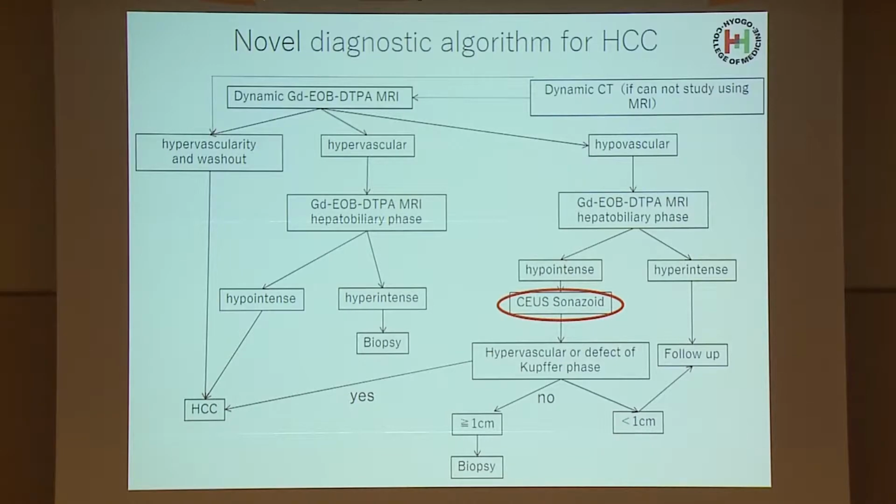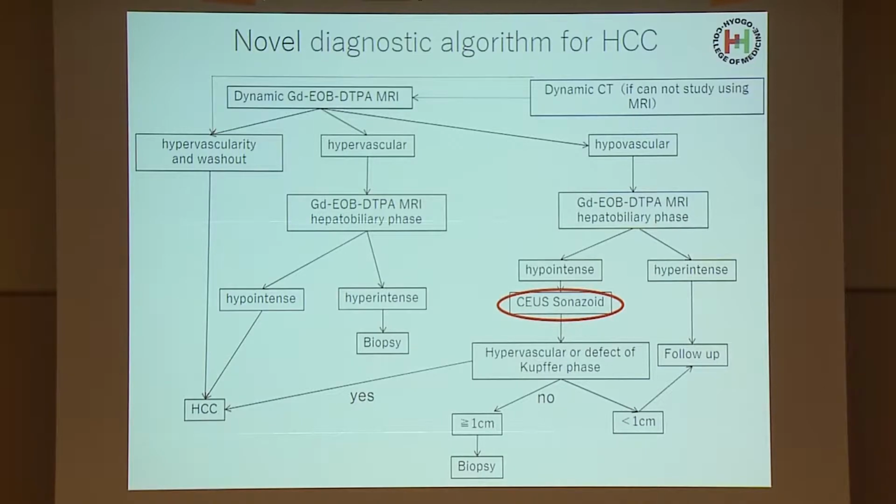This is a diagnostic algorithm for HCC proposed by Professor Ariji and Professor Matsui's group in the Ministry of Health. In the study by Professor Matsui's group, they found that diagnostic accuracies of dynamic CT and MRI in detecting hypervascular HCC were similar.